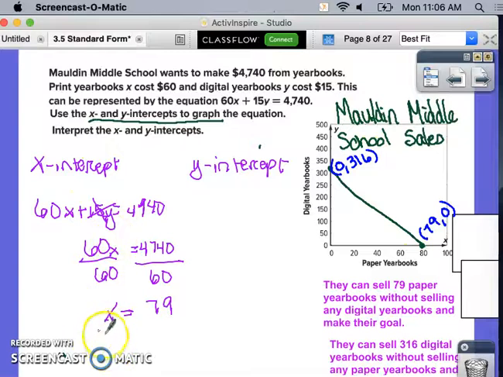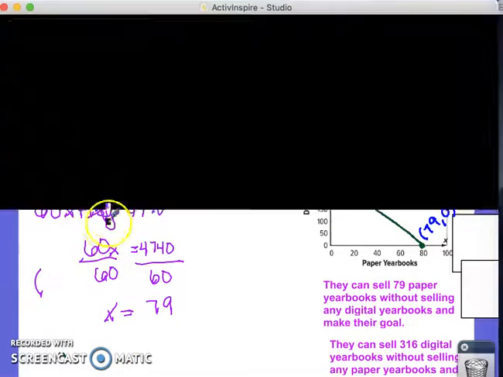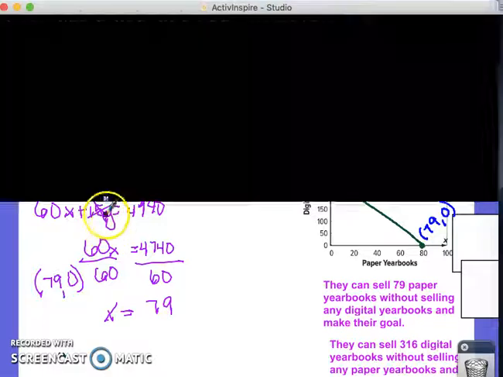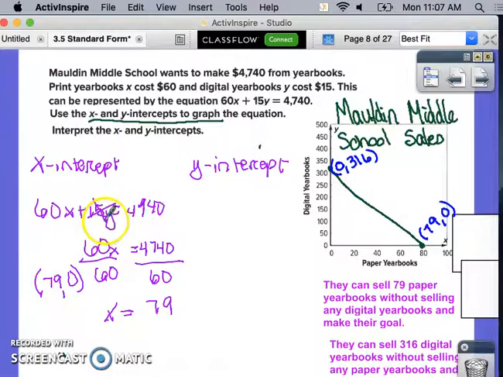So that means when my y was 0, and remember, y is the second one, (x, y), 79 is my x. Because I made that a 0, I made y 0. Anything times 0 is 0. So it goes away. The variable actually got replaced with 0. And then 0 times any number is 0.